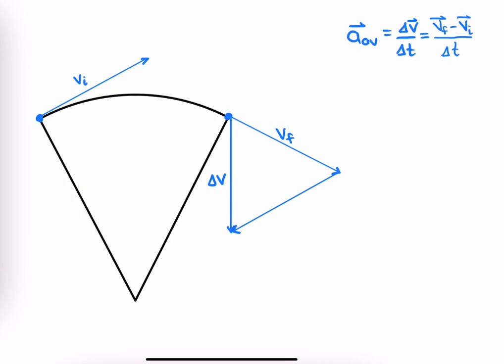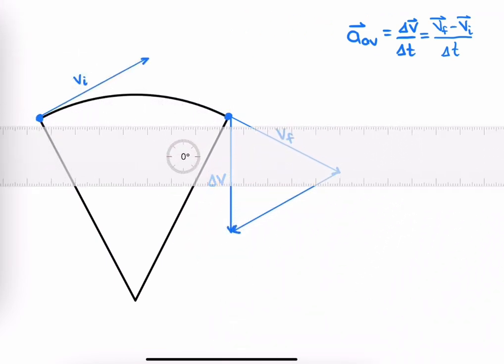So next up, I want you guys to notice that we have two triangles here. There's this blue triangle with my velocities, and there's this black triangle, which is basically the path that the object was following when it was moving in a circle. Now, the black triangle is not technically a triangle. It does have one curved edge.